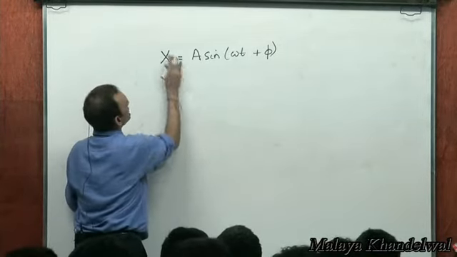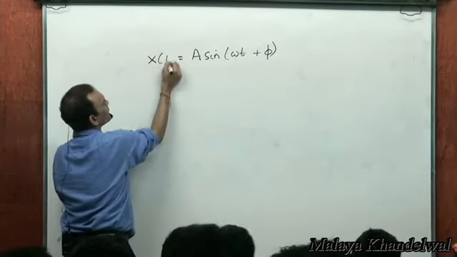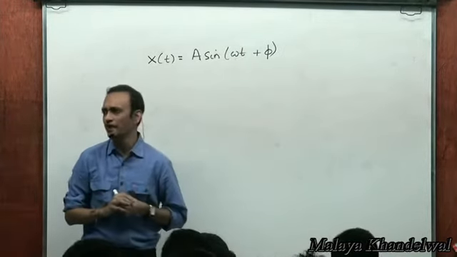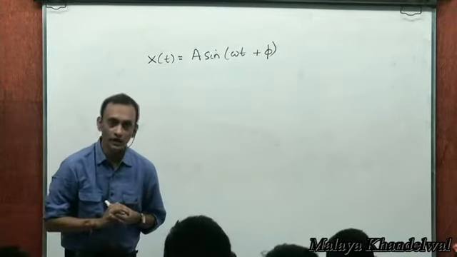This is x at time t equal to t. Displacement of the particle at any given instant of time t. Clear?